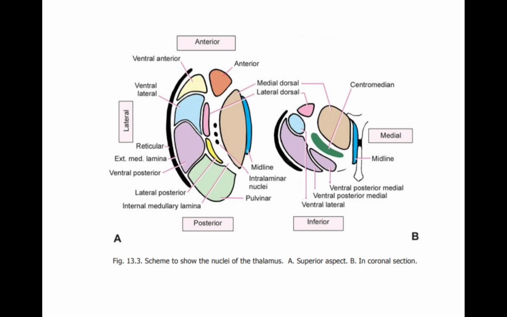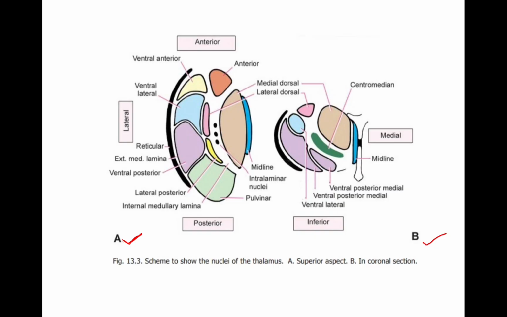Now then comes the thalamus nuclei. You can see it has two views here: the superior aspect and the coronal section. Superior aspect shows the thalamus from above, front to back, the anterior posterior view.